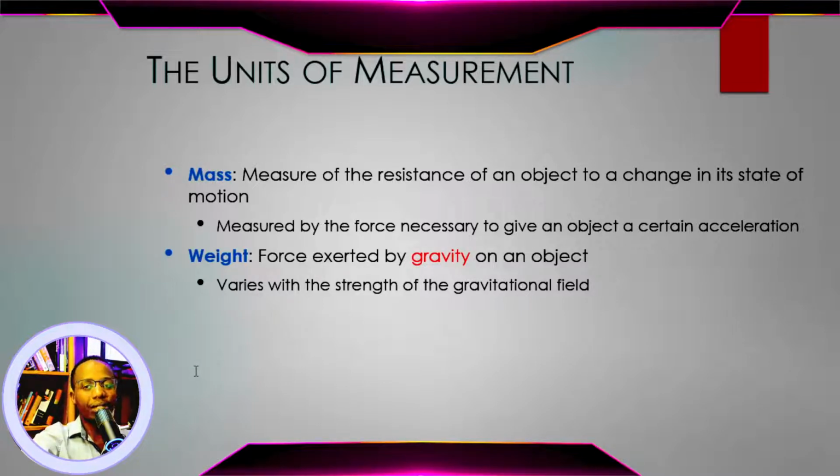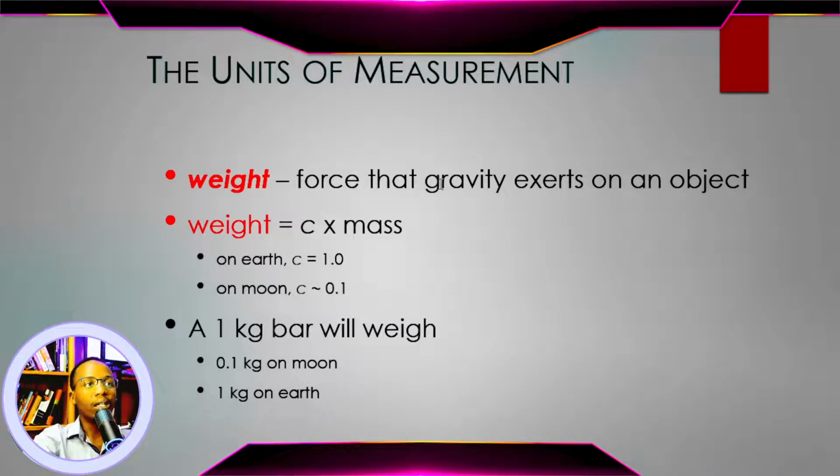So if somebody asks you what's the difference between mass and weight, what are you going to tell them? Gravity. That's the difference. Weight takes into account gravity. Weight is the force that gravity exerts on an object, so weight is equal to gravity times mass.